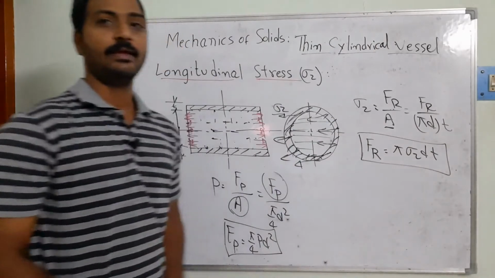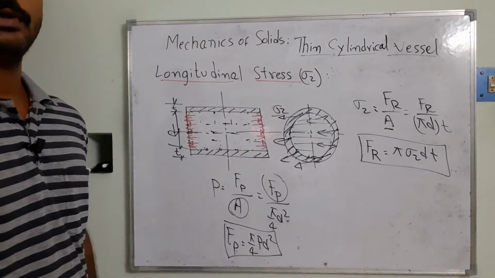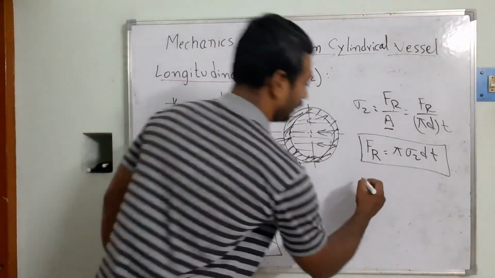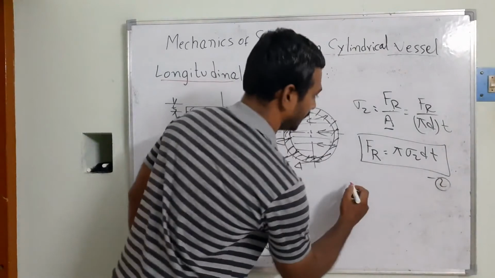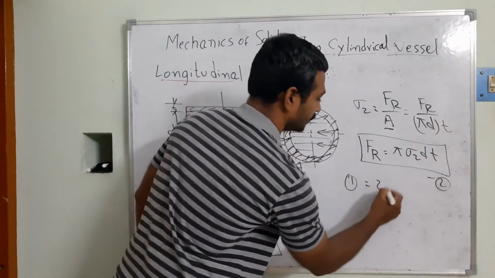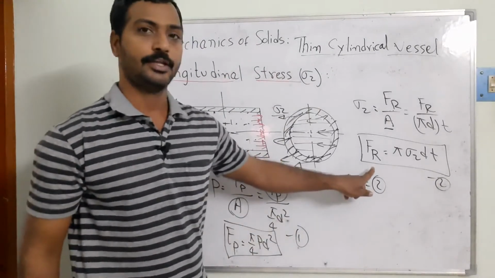Now we can see the limiting forces developing here. Taking equation 1 equal to equation 2, the force developed because of the pressure is equal to the resistance force.